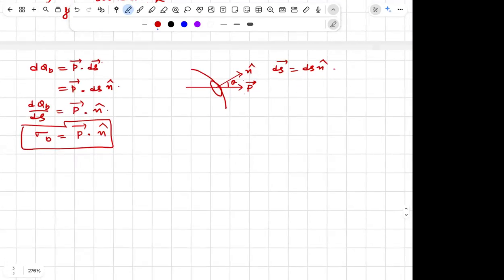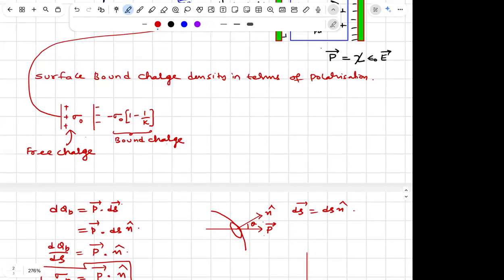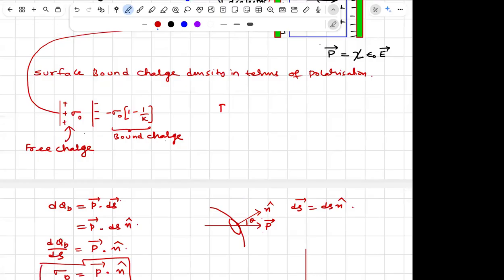Same, you can express here in this case also. At this point also you can express. What is dipole polarization here? The total bound charge into a distance, thickness of the dielectric slab.